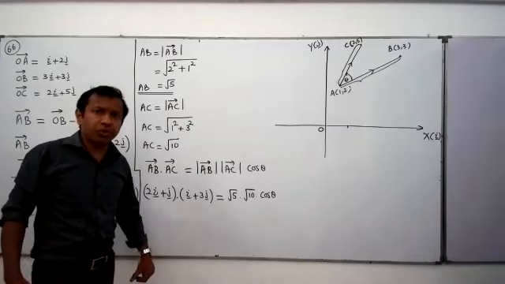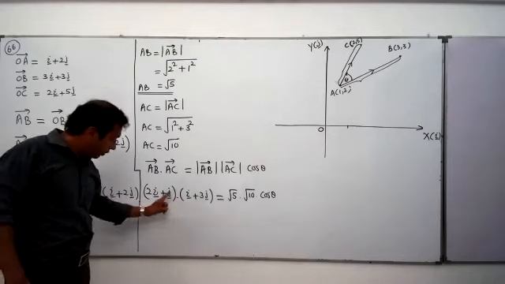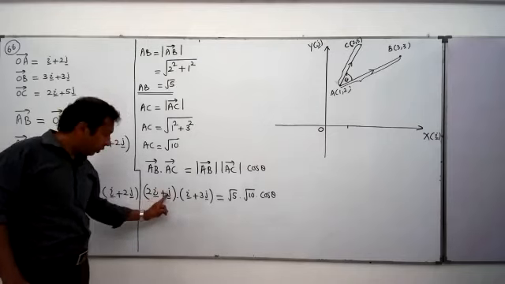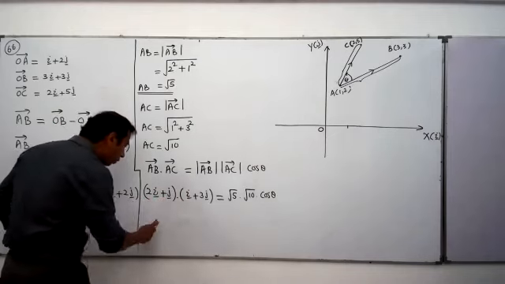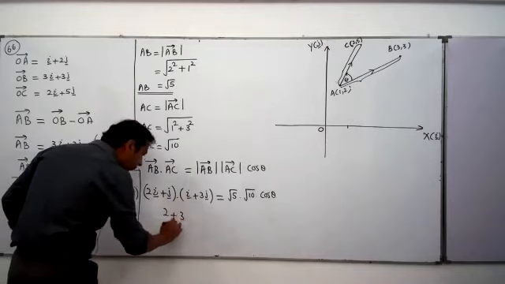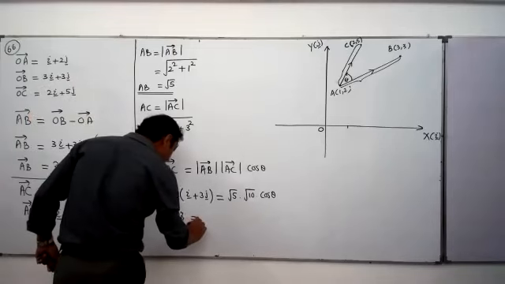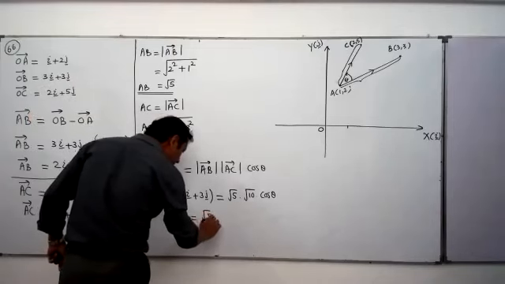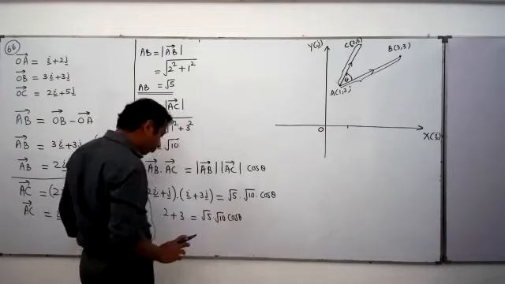You know how to take a dot product between two vectors which are in ij form. I told you the method of getting that. What we do, the i coefficients we have to multiply, the j coefficients you have to multiply. 2 into here we have 1, no? 2 into 1 is 2, plus here 1 into 3, it's 3. That's what we get, is equal to root 5, root 10 cos theta.